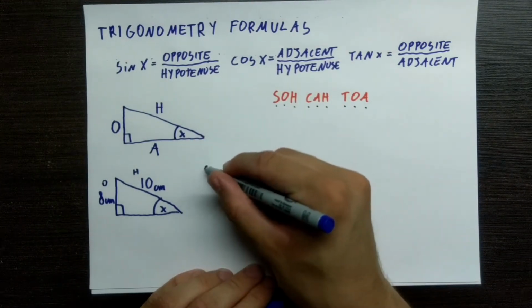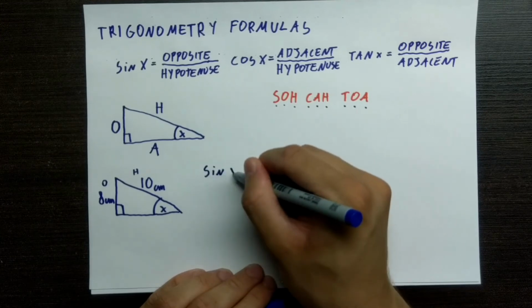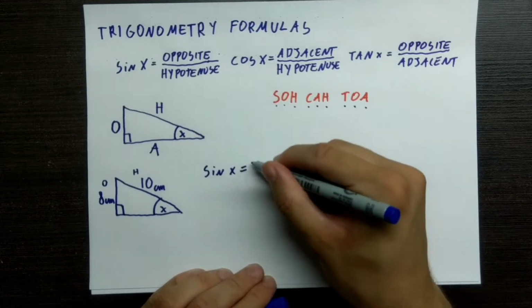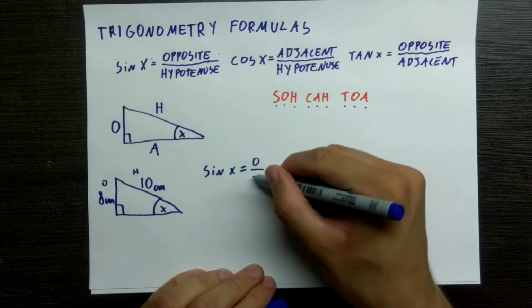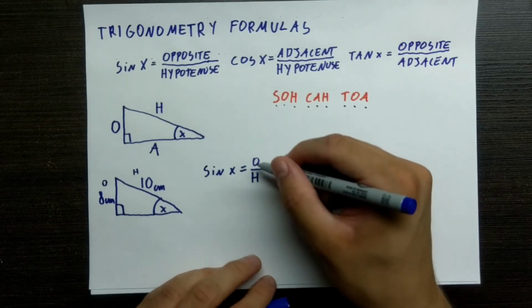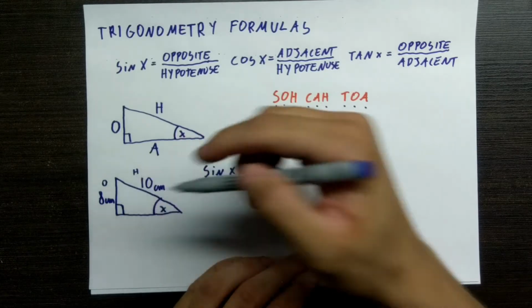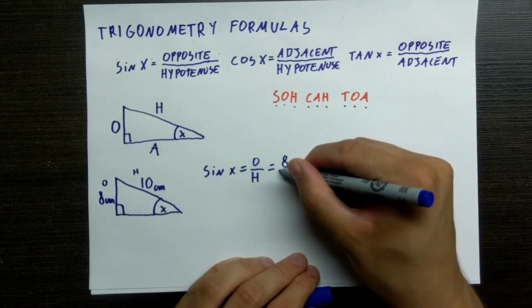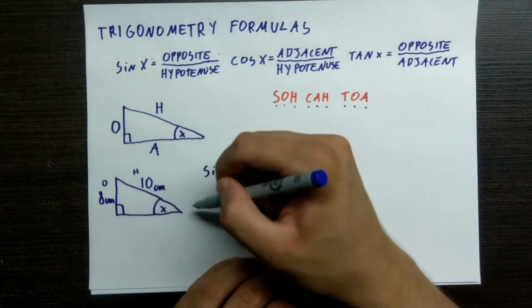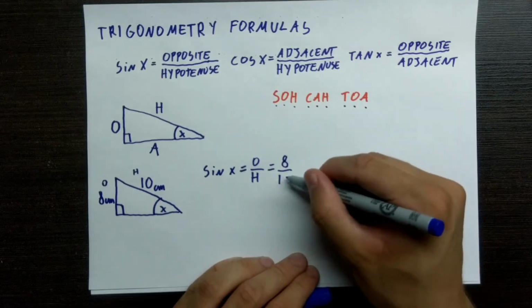I'm going to copy it down here. So sine x is equal to opposite divided by hypotenuse. I shortened it down here. So what is that? Well, opposite is 8 centimeters and hypotenuse is 10 centimeters.